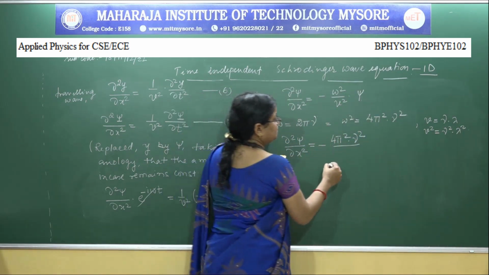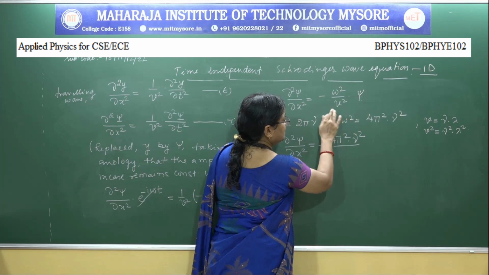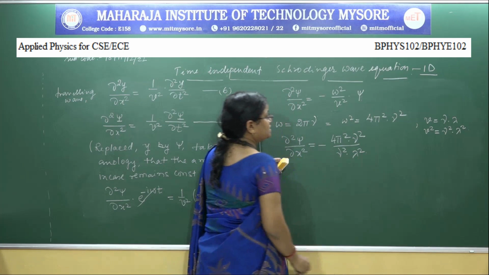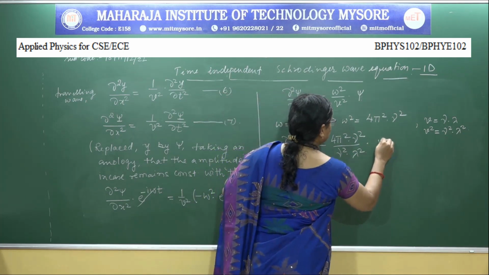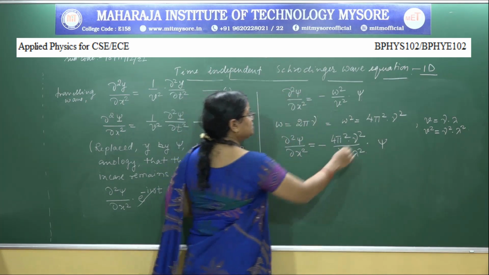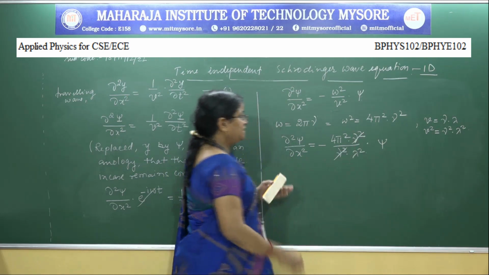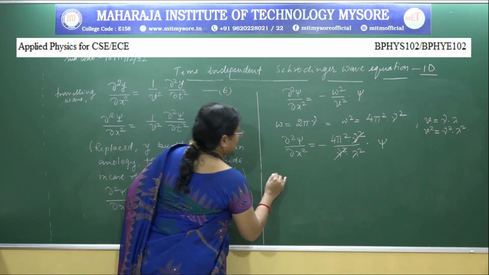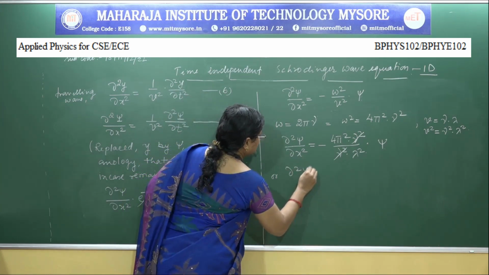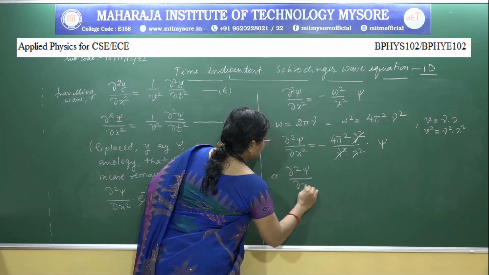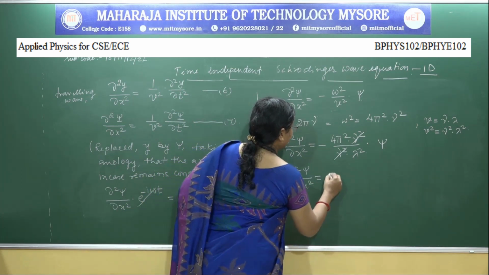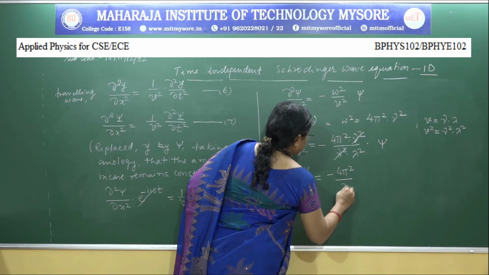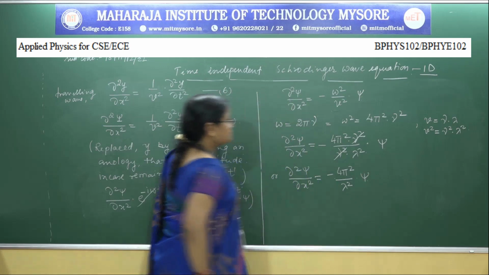So substituting this, we get for v square, we can write it here nu square into lambda square and into psi. Here nu square is in the numerator and the denominator as well. It will be cancelled out, and what we get, dou square psi by dou x square is equal to minus 4 pi square divided by lambda square into psi.